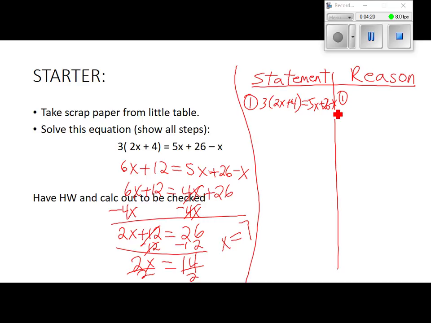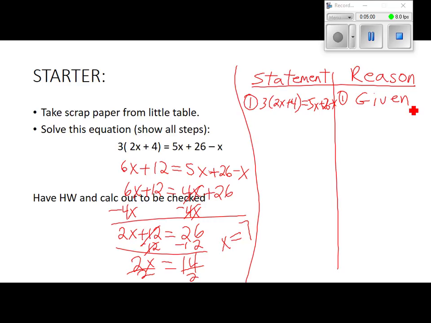Forget that we solved it, how did we know that that equation was a true equation? Quit worrying about solving it. When you first looked at that, and I said, solve this equation, you didn't go, what equation? How'd you know that was an equation? I gave it to you, didn't I? That's what you write right here. Given. First one's easy. First statement and reason's pretty easy. Just write, how'd I know this? It was given to us.